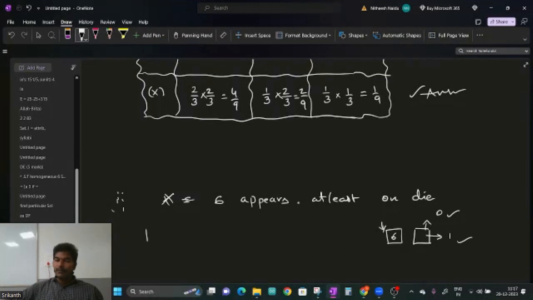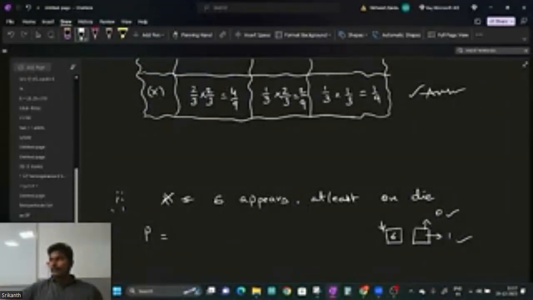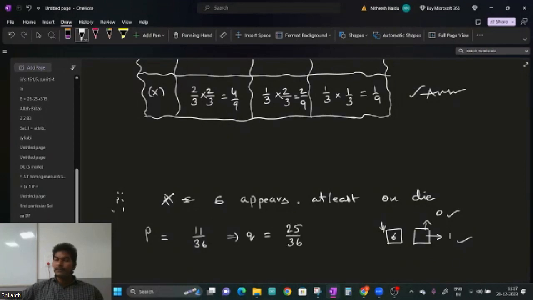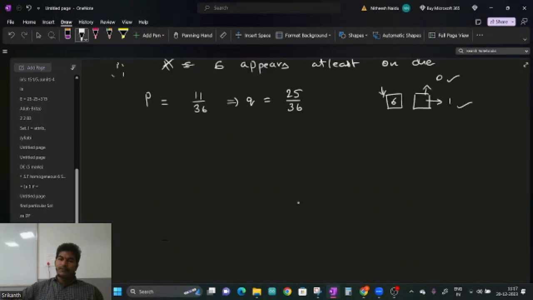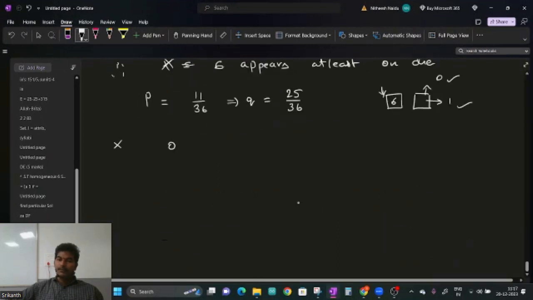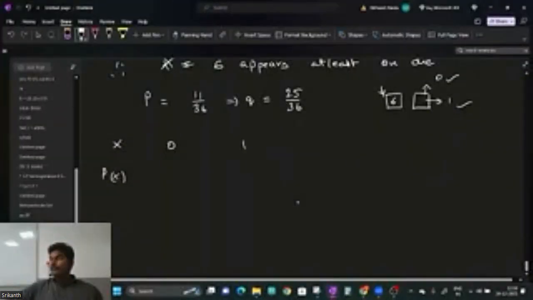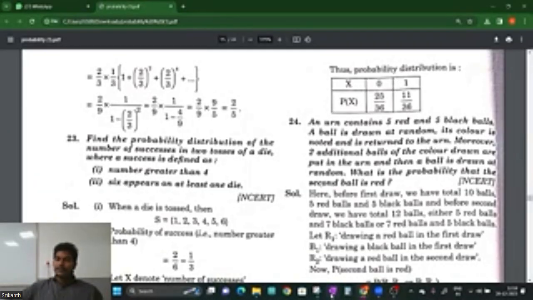So first calculate the success probability P. How many events did we just calculate? 6 1, 6 2, 6 3, 6 4, 6 5, 6 6 and 1 6, 2 6, 3 6, 4 6. The total is 11 events out of 36. Therefore Q is equal to 25 out of 36. Now X is equal to 0, 1. Probability for 0 is 25 out of 36.